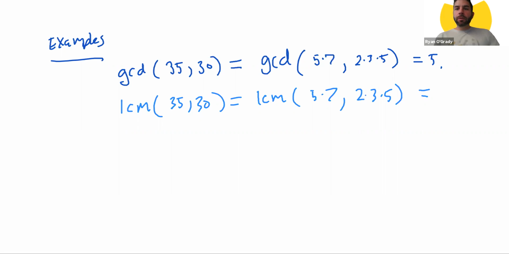Now remember, we're dealing with multiples now, not divisors. So one way you might do this is you might just start writing out the multiples of 35, and then write out the multiples of 30 and see when you finally get a match. Now the question is, is that the most efficient way of doing it?